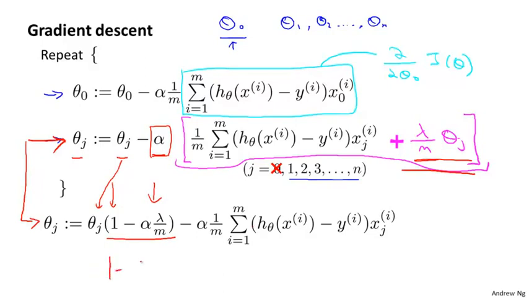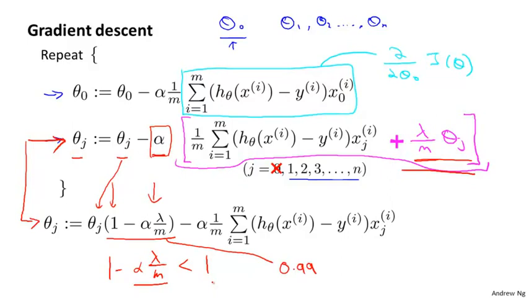Concretely, this term 1 minus alpha times lambda over m is going to be a number that's usually a little bit less than 1, because alpha times lambda over m is going to be positive. And usually, if your learning rate is small and if m is large, this is going to be pretty small. So this term is going to be a number that's usually a little bit less than 1. So think of it as a number like 0.99, let's say.